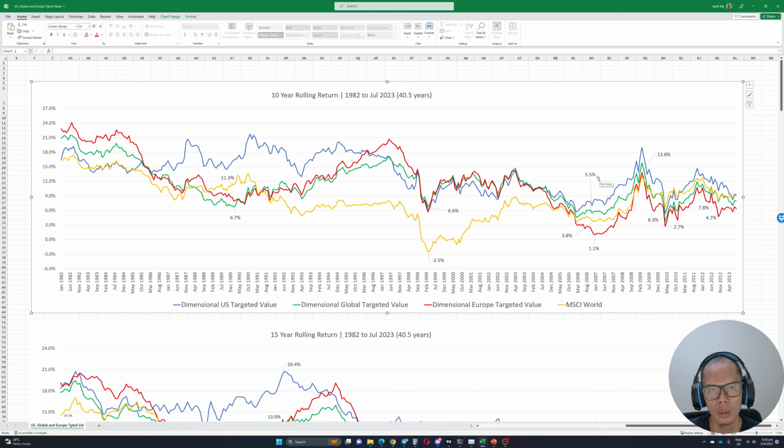That means that your managers can do limited things, but you might have managers that prefer to invest in smaller companies that are cheaper, that have higher profitability, and then they can earn this kind of return. Okay, so you can see that all these three, the US targeted value, global targeted value, and Europe targeted value, all bunch up together. During this period when the MSCI World is doing minus 2.5%, this is probably the worst period for the US in a long while. They're doing 6.6%. To a lot of people, that's decent returns.